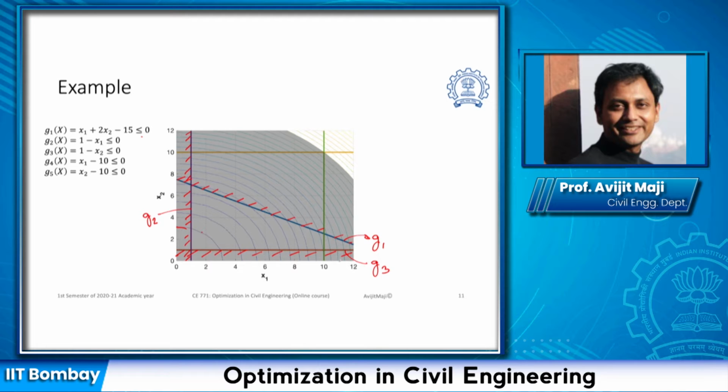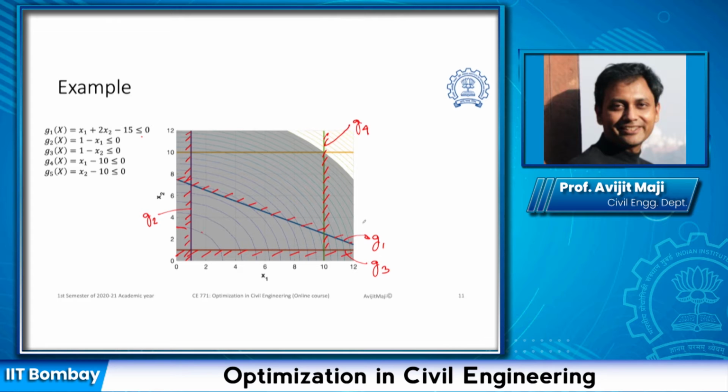My fourth constraint says that the x1 value should be less than or equal to 10. So the green vertical line represents the fourth constraint g4, and the points on the left hand side of this line are feasible. So I am again hatching out the infeasible area.